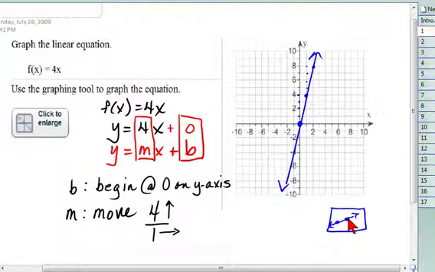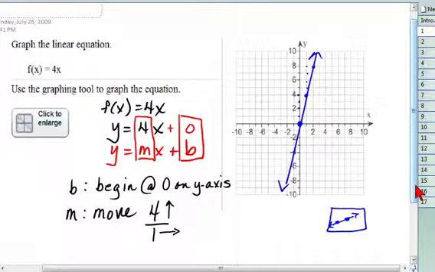You click that button, then move your mouse to where you need to begin and click the left-hand button on your mouse, and that anchors the beginning point. Then you move your mouse according to the instructions, up 4 and over 1, and click a second time. It will draw the line for you. It'll be perfect. And I'll demonstrate that in a minute.